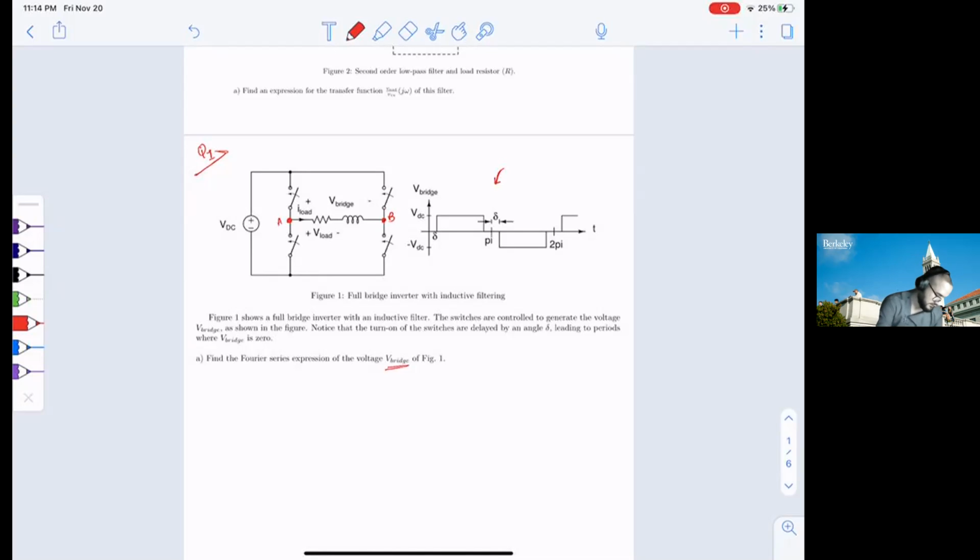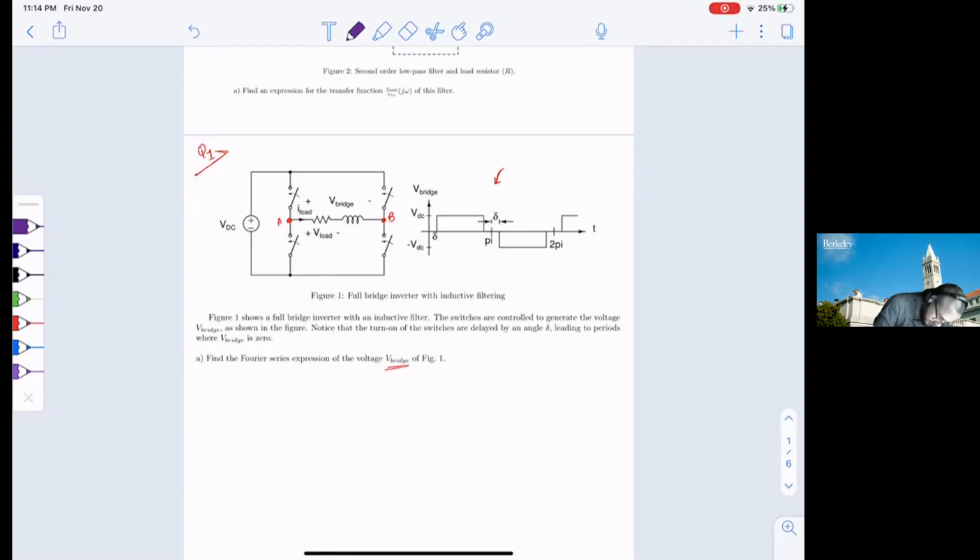Every time before we solve anything about a square waveform or any type of waveform, we want to know the characteristics, and that really helps us find the Fourier series expression more easily. So first we write out what the Fourier series expression looks like for a typical waveform.